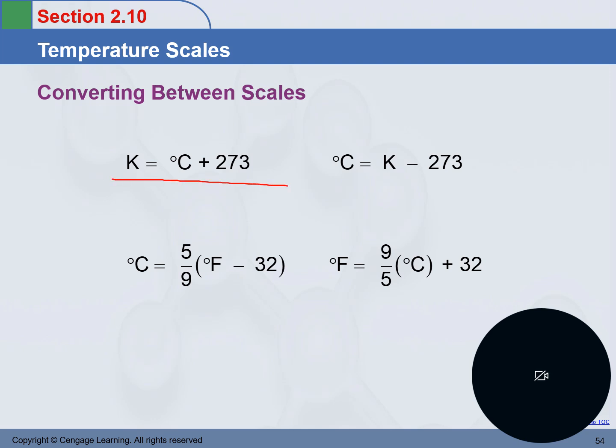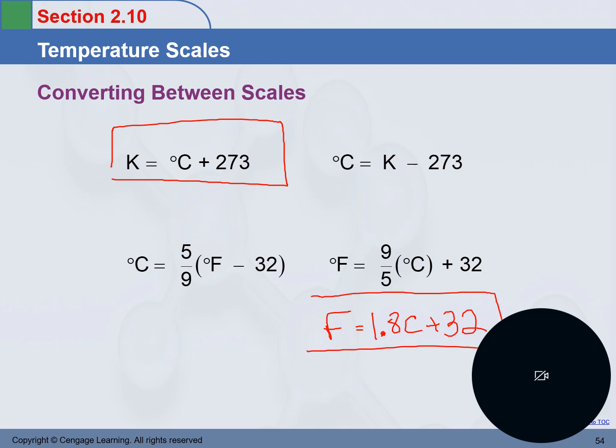So Kelvin is equal to our Celsius plus 273, and I like using decimals rather than fractions. So Fahrenheit is equal to 1.8 C plus 32. You can use fractions if you want, okay? Or you can use this right here. Whatever works best for you.